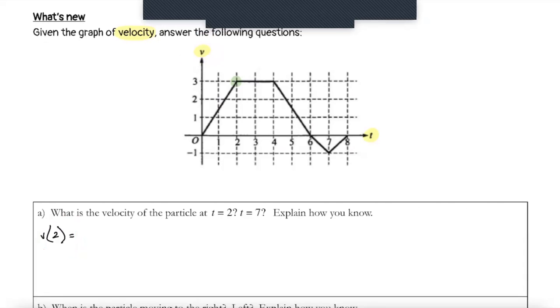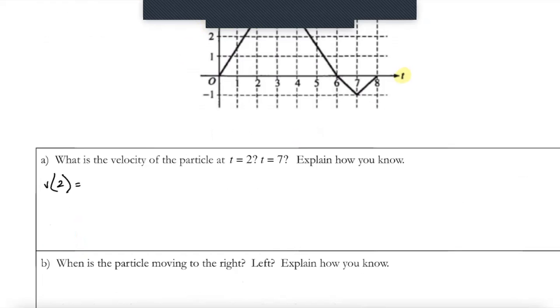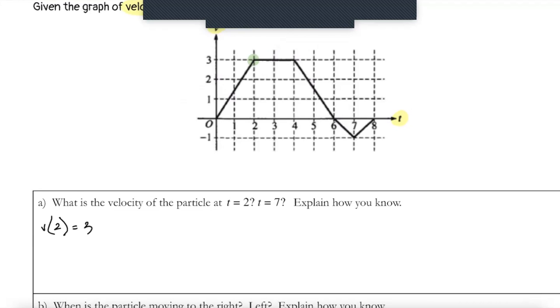Okay. I think Berto's answer right there is really great. 3, because this is a velocity graph. Y is velocity, and that's going to be part of our reason. We can say that V of 2 equals 3.